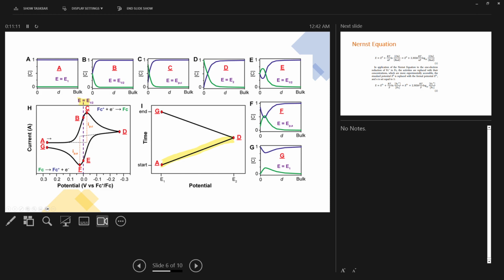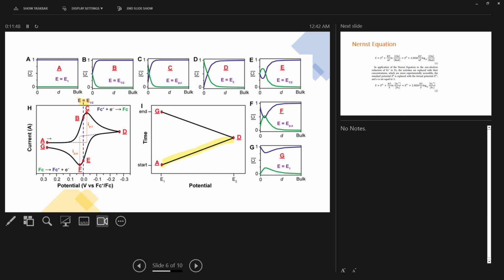Further increasing the voltage, we come to the peak maximum, point C. At point C of the peak, the concentration of ferrocenium, which is Fc+, is now lesser than the ferrocene. The ferrocene has a higher concentration value, while the ferrocenium has a lesser concentration value at the cathode.